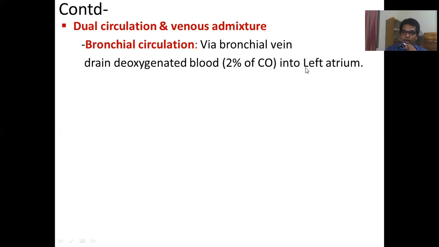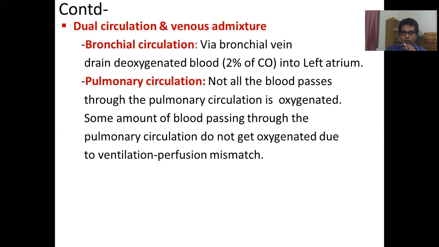Okay, and that will reduce the partial pressure of oxygen in the systemic circulation. Another thing, we know there will be gaseous exchange between the pulmonary capillaries and the alveolar air, but not all the blood that passes through the pulmonary circulation is oxygenated. Some amount of blood passing through the pulmonary circulation does not get oxygenated due to ventilation perfusion mismatch.